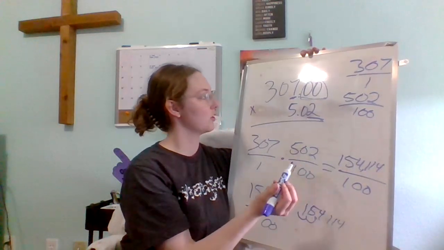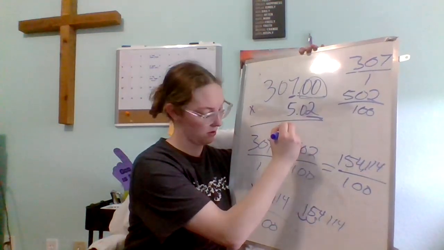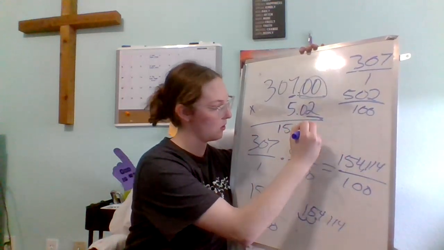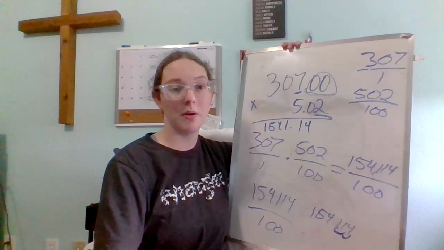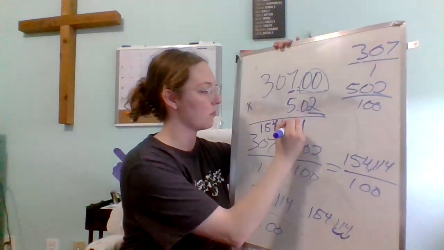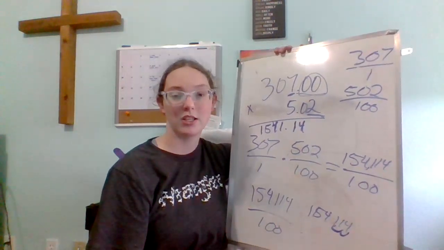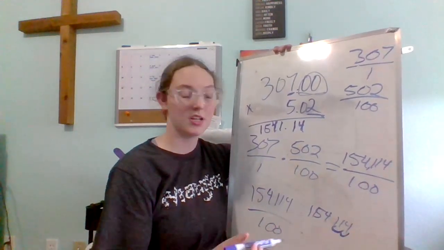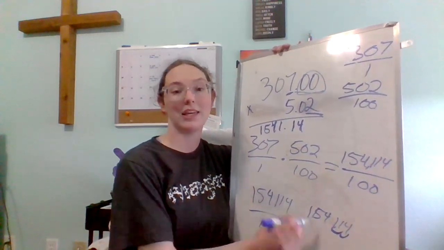And so your answer to your problem would be 1,541.14. The product to this problem is 1,541.14, because when you multiply fractions, you take the decimal point from the back instead of the front.